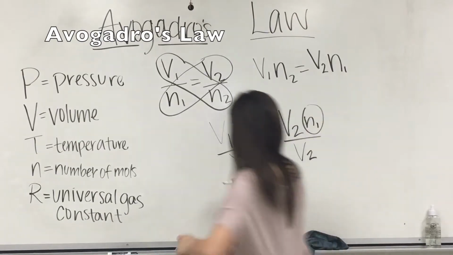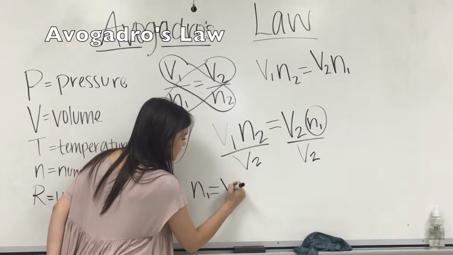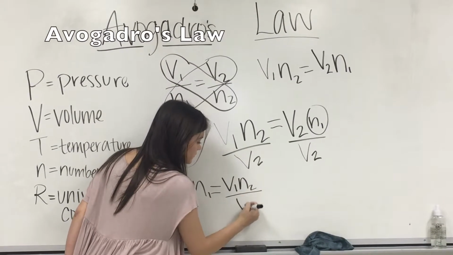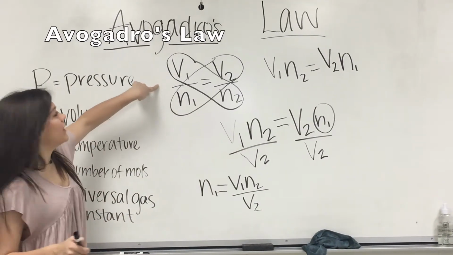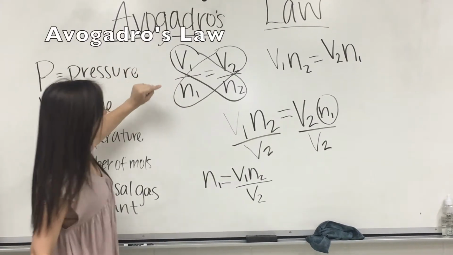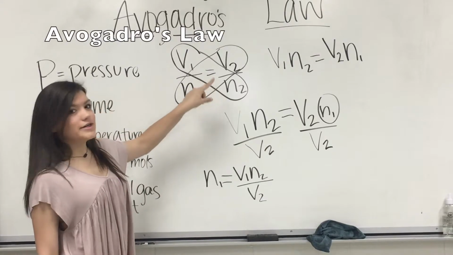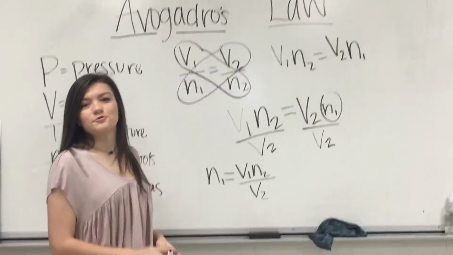So your new equation for N1 would be N1 equals V1 times N2 over V2. This equation right here says the volume initial divided by the number of moles initial equals the volume final divided by the number of moles final.